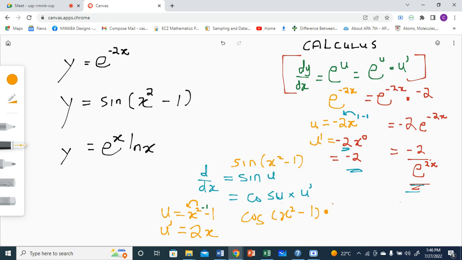So your answer is going to be, we'll rearrange this, 2x cos of x squared minus 1.